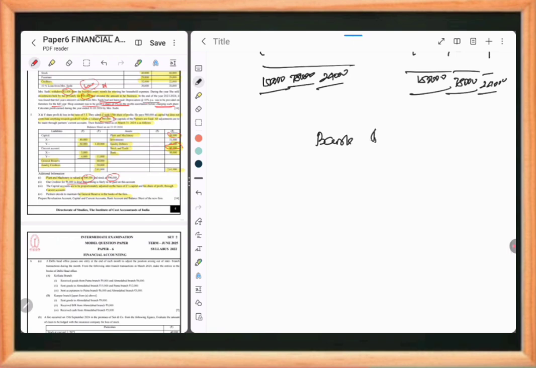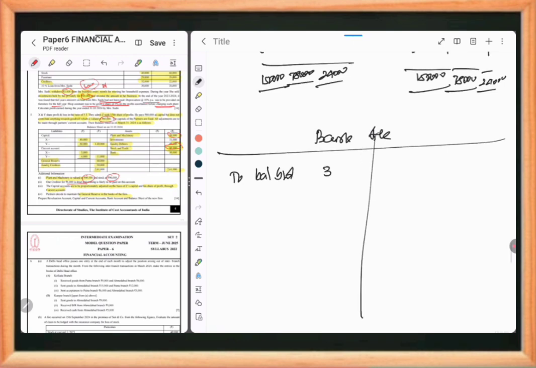Bank account. Opening balance is given in the question. So bank balance brought down, 30,000 rupees as per the question. And then they are bringing capital amount. How much are they bringing?